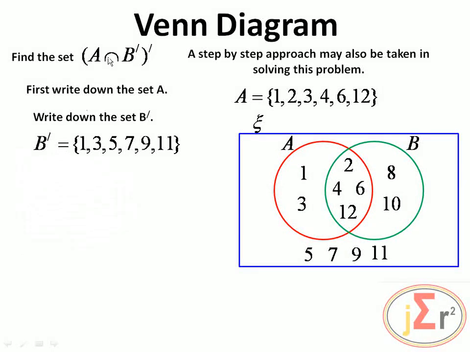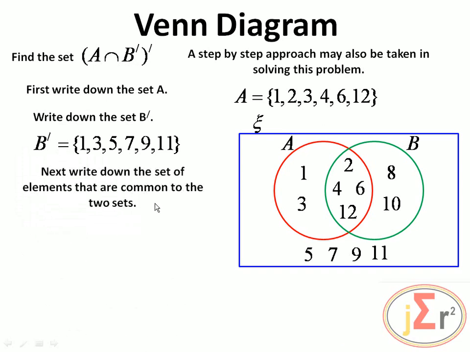The intersection of A and B complement, that is the set of elements that are in A and they are also present in B complement. There's A, there's B complement, and we are not going to repeat common elements. So next, write down the sets of elements that are common to the two sets. The only two elements are 1, 3.